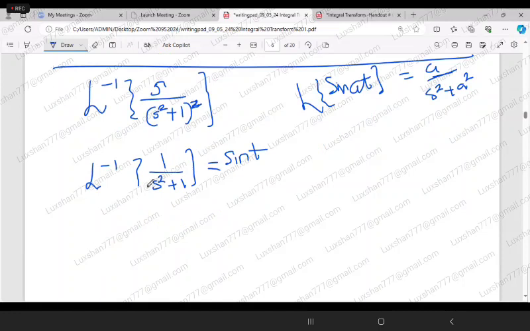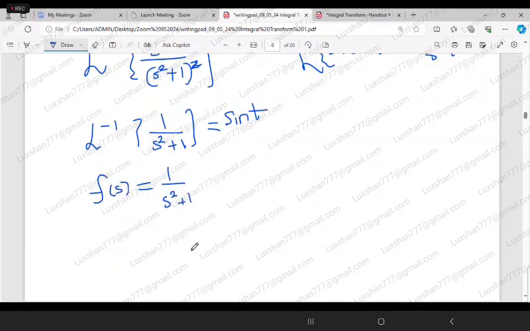Now, what is the derivative of this function? Say you take your F(s) as 1 over s squared plus 1. What is the first derivative, F dash, of this function?